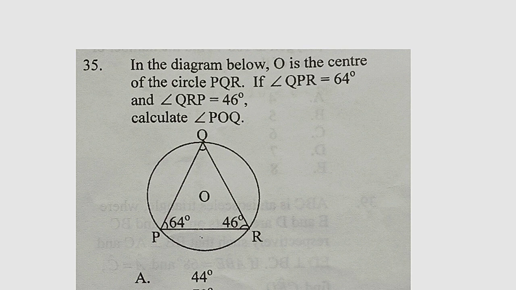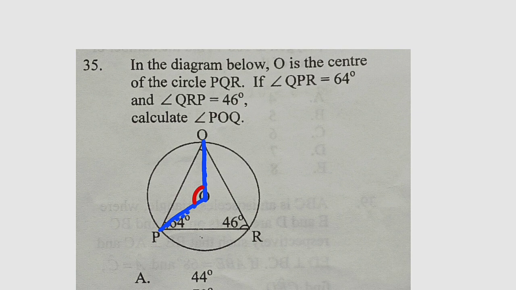If angle P is equal to 64 degrees, which is this one, and angle R is equal to 46 degrees, which is this one, we are asked to find the measure of angle POQ, from P down to O, which is the center, and also to Q. Meaning we are looking for this angle right here. So let me connect it. This is the center. But we are looking for this angle right here at the back, which is angle POQ.